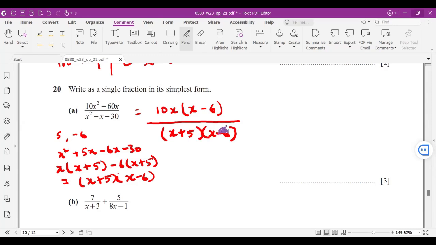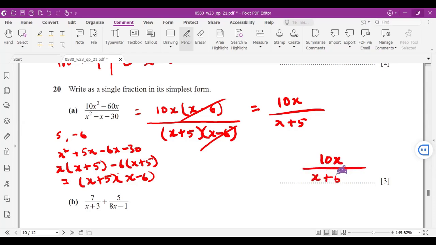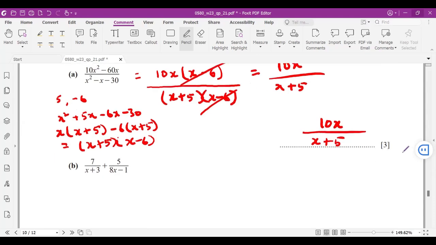Of course, this and this will cross out. We have 10x all over x plus 5. So we write 10x all over x plus 5. So with that, we proceed to the next question.